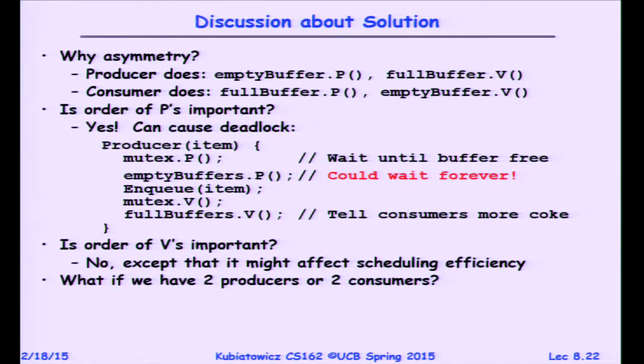Can we deal with multiple Coke machine guys and multiple students? How many people think that this works fine with many producers and many students? How many people think it doesn't? How many people are not sure? So this actually works with multiple producers and consumers.